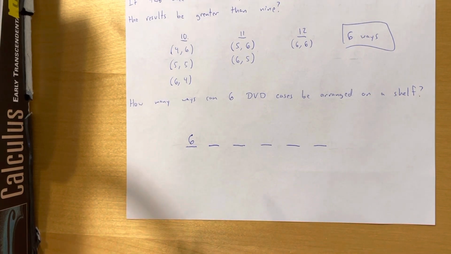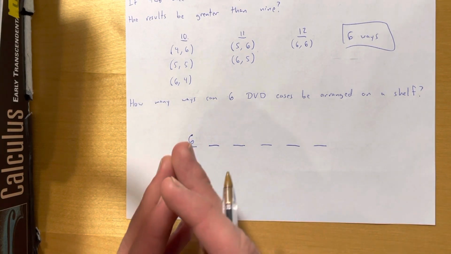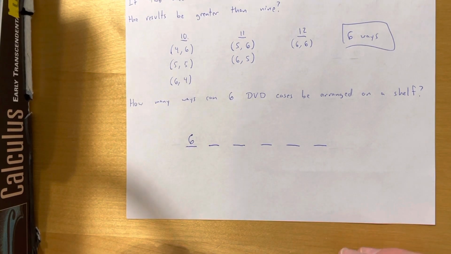Now, the multiplication rule, or the fundamental counting principle, says that if you have 2 or more events that are independent of each other, and I'm not going to get too deeply into what that means, but in this context, it works.